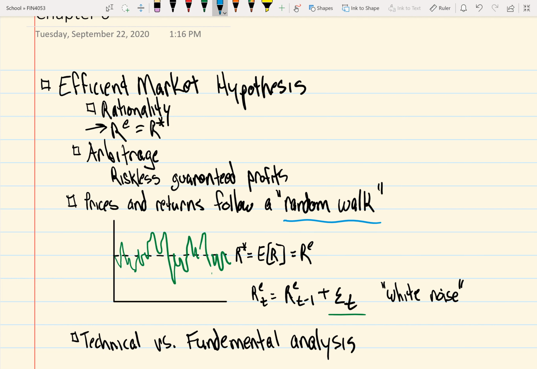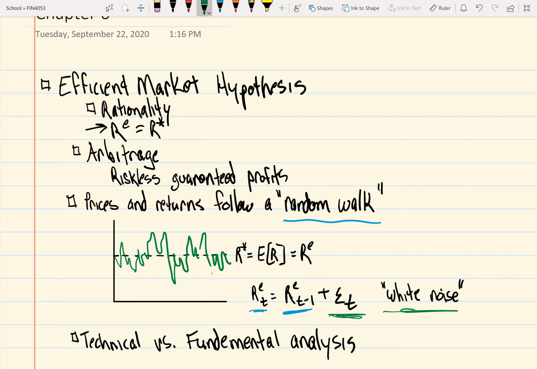A simple version of this is the equation here. Essentially, time t's expected return equals yesterday's expected return plus some error, where this error is white noise, which means it's just completely random.